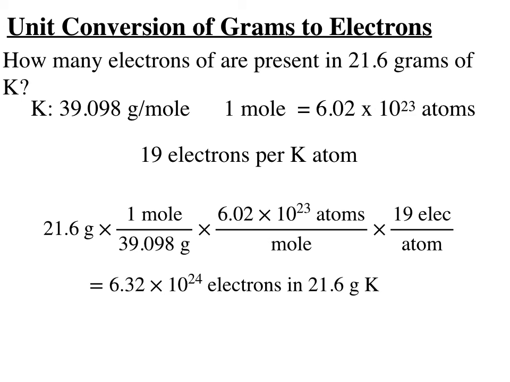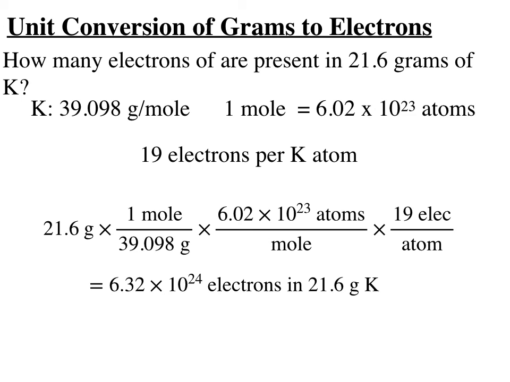But in order to get to each atom of potassium, I need to use Avogadro's number to convert from the number of moles of atoms to the individual number of atoms. But to get to the number of moles of potassium, I have to convert the mass of potassium into the number of moles.